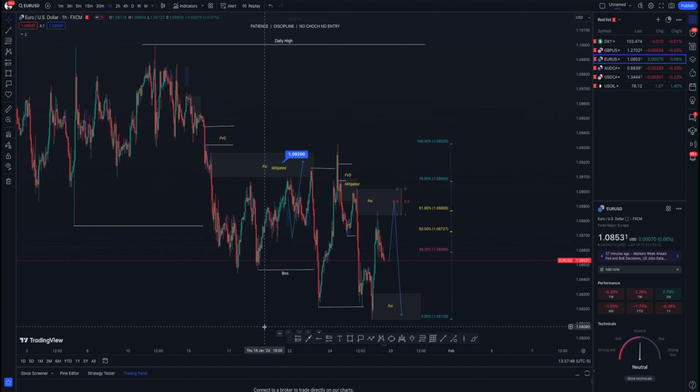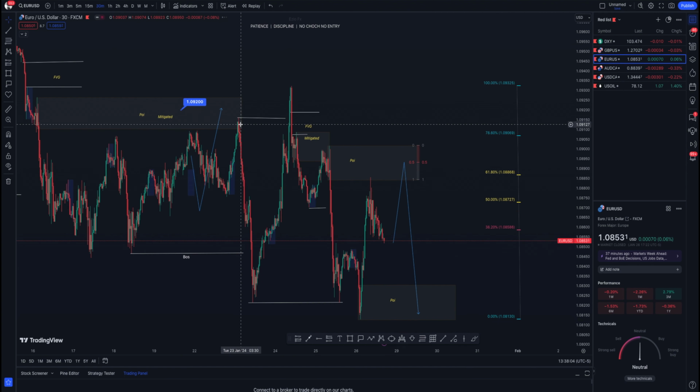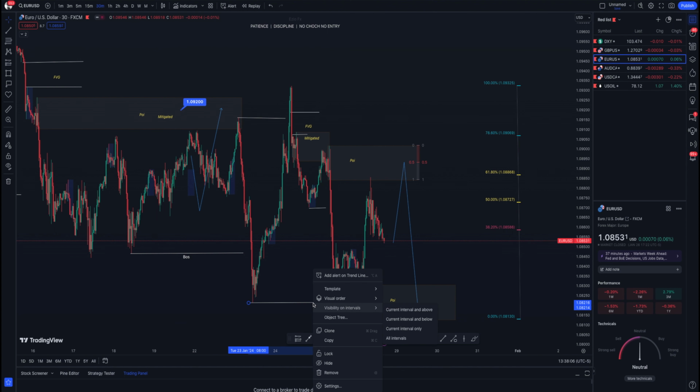H1 Euro USD. There is a price of interest. Is that equal? I don't know. Maybe. But it's like an equal low. Yeah, it is actually. Okay, so we got one.